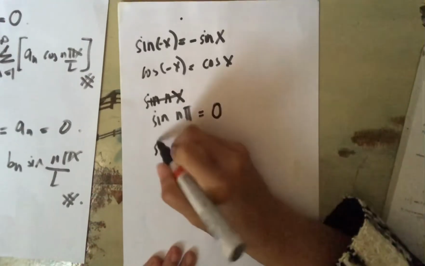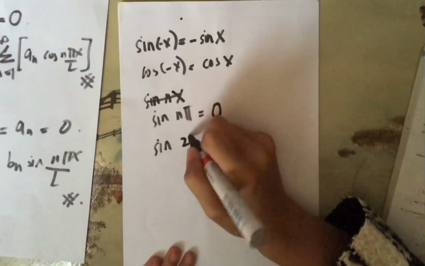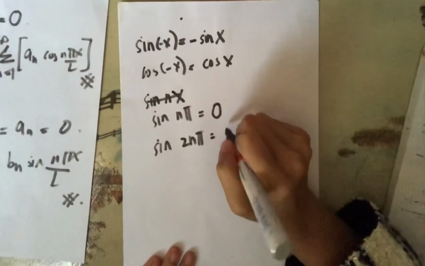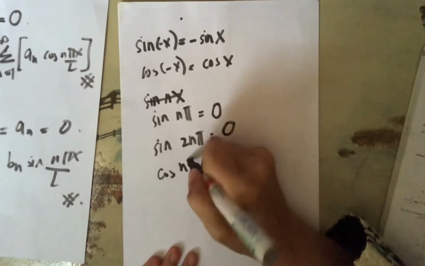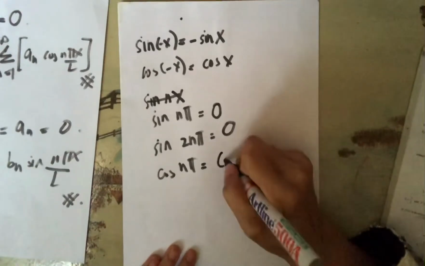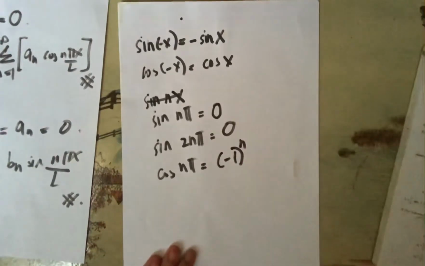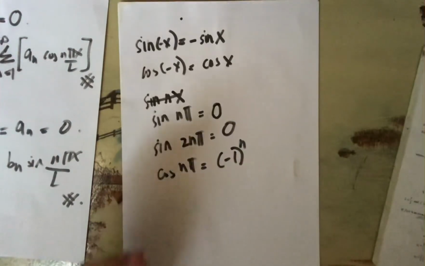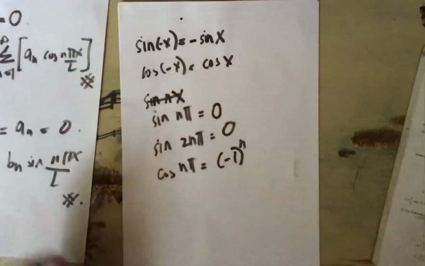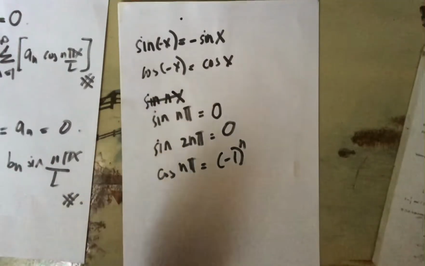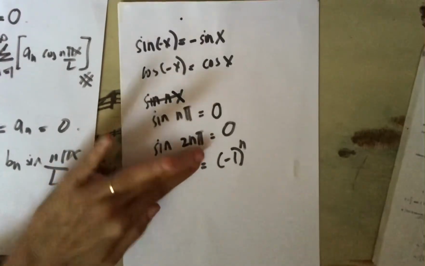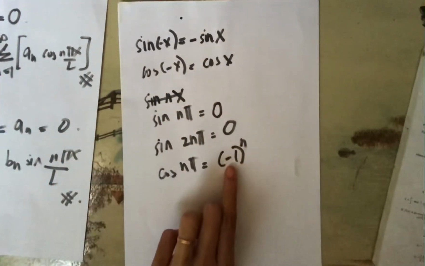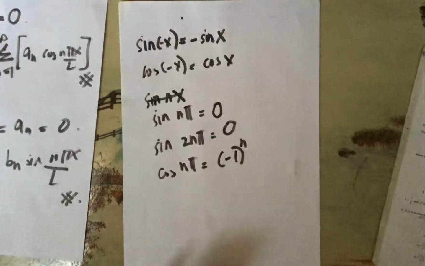You will also have sin(2n pi), which is also equal to 0. And cos(n pi) is equal to (-1) to the power of n. When you find cos(n pi), you directly substitute it with (-1)^n, so there is no cos(n pi) anymore.